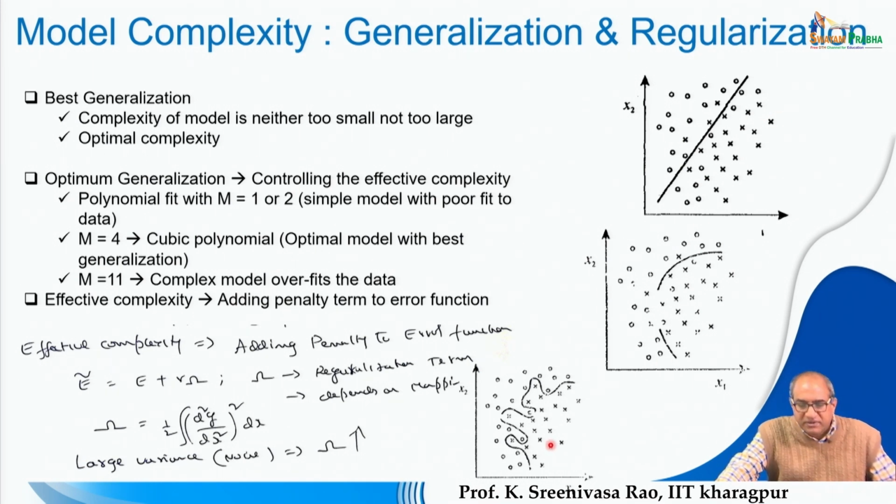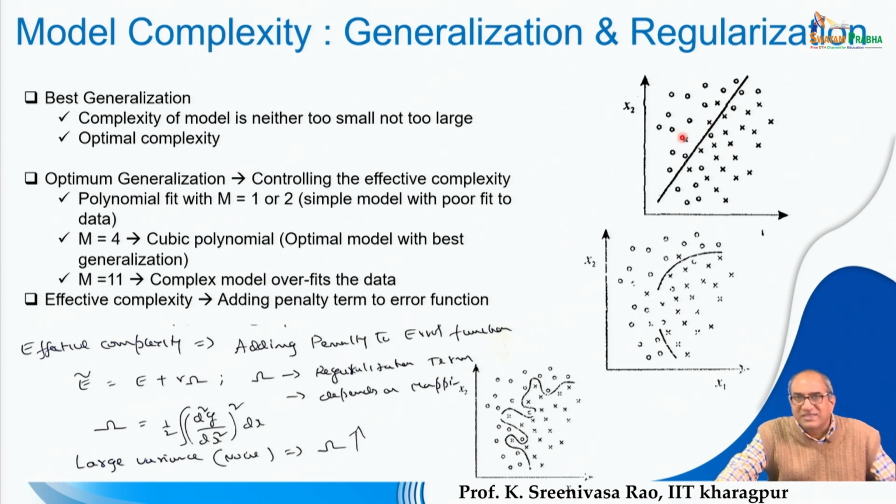So here, if you look at the data, suppose these are the data points, right, and by using a linear polynomial, if you want to separate them, you can see this is the plane, with that you are able to separate them. That means, when you choose the model complexity of polynomial m equals 1 or 2, with 1 you can see it is a linear plane, where you are able to separate the two classes to some extent, right.